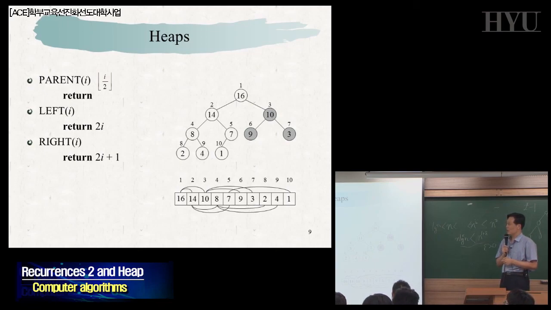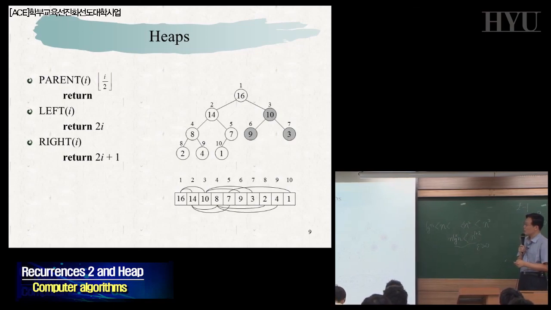So, assume that a key is stored in the ith element. Then its left child is stored in the 2ith element, and its right child is stored in the 2i plus 1st element. Look at this example.